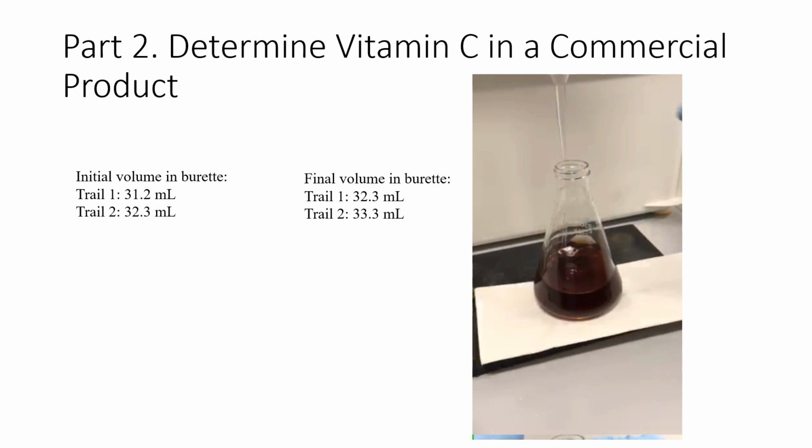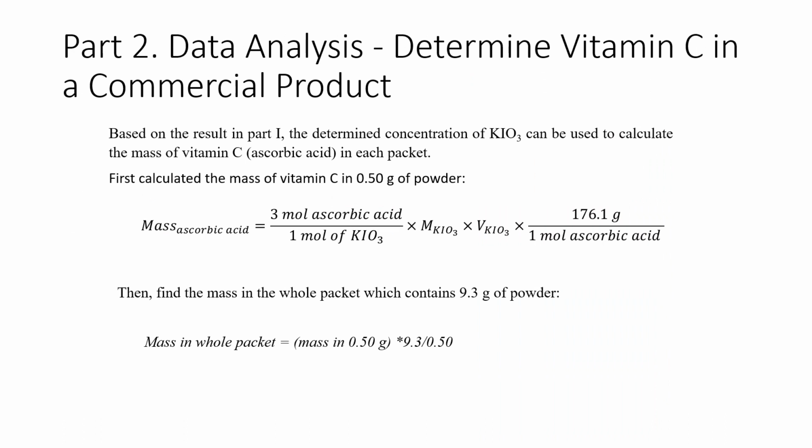So I did these 2 trials again. So we have the initial and the final volume in trial 1 and trial 2. Using final volume minus initial volume is the amount of potassium iodate consumed. So to determine the amount of the ascorbic acid contained in that 0.5 gram of powder, I use the similar approach again.